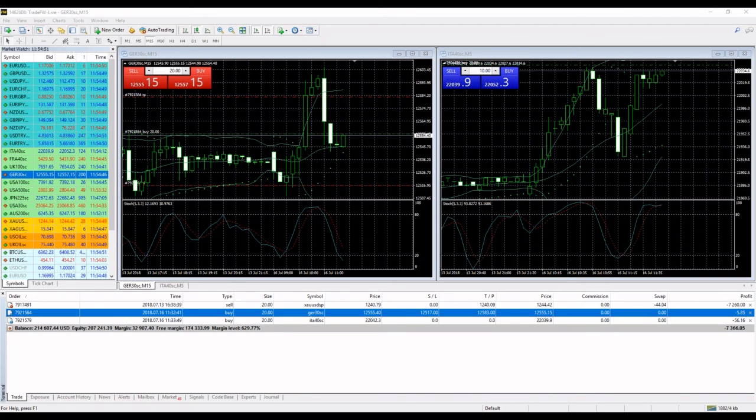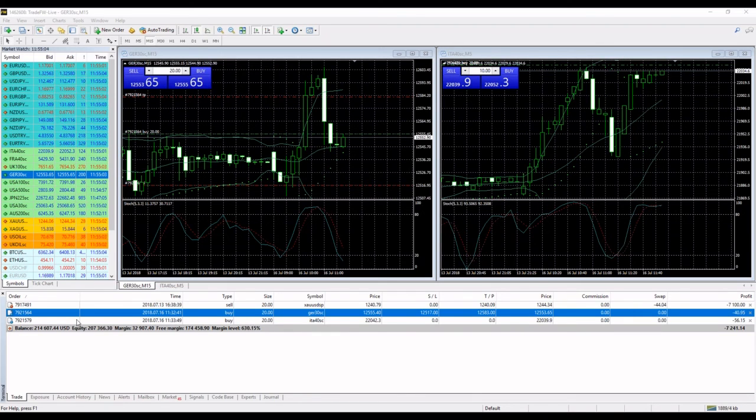So going back here, we have another 5 minutes to go to the European opening. Hopefully during the opening we will, there we go, Italy 40 is already a bit in profit, but I will keep it. Let's have a look also at silver.